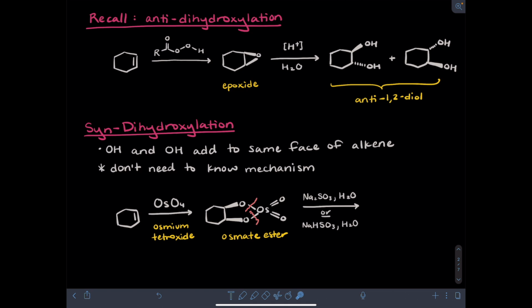Each set of reagents will cleave the osmium-oxygen single bonds of the osmate ester and replace the osmium with a hydrogen on each oxygen. The second step generates that syn-dihydroxylated product. The alcohols are at positions 1 and 2 relative to each other, so we could describe this as a syn-1,2 diol.